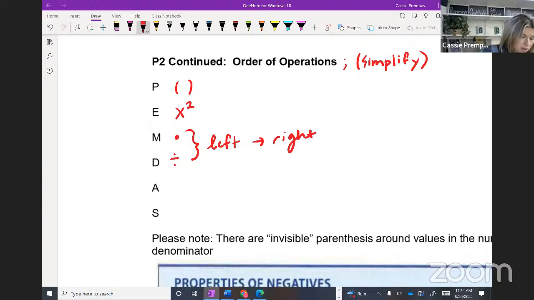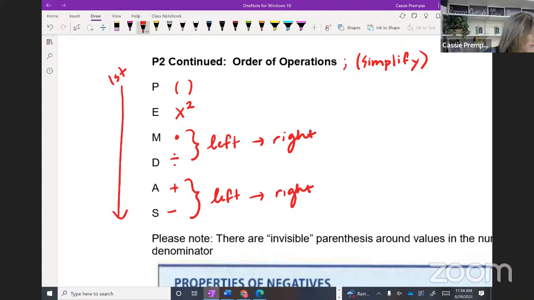And then A stands for addition, S stands for subtraction, and we perform those operations again left to right. Last thing to keep in mind, make sure you do parentheses first and then go down the line.